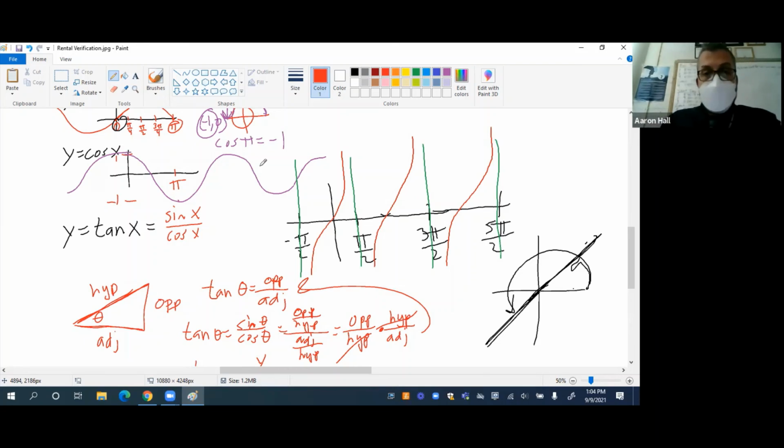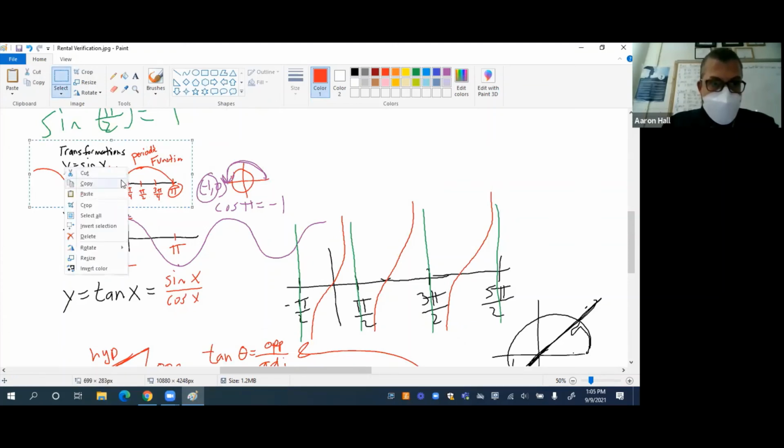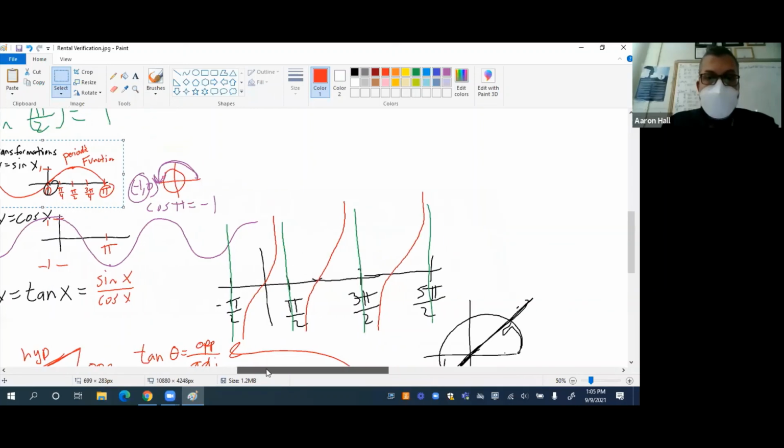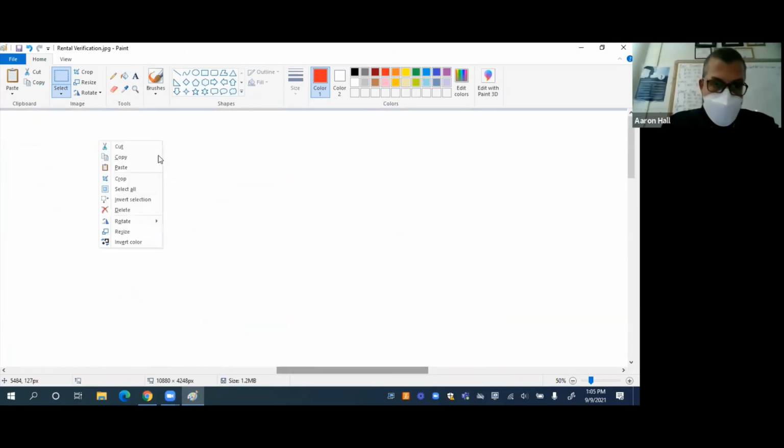So let's not confuse those. All right, are we good? Yes, no, maybe so? Okay. Now we're going to do cosecant first. So I'm going to grab our cosine right here because there's a really cool relationship that they have. And they should have a cool relationship because they're just the reciprocals of each other.